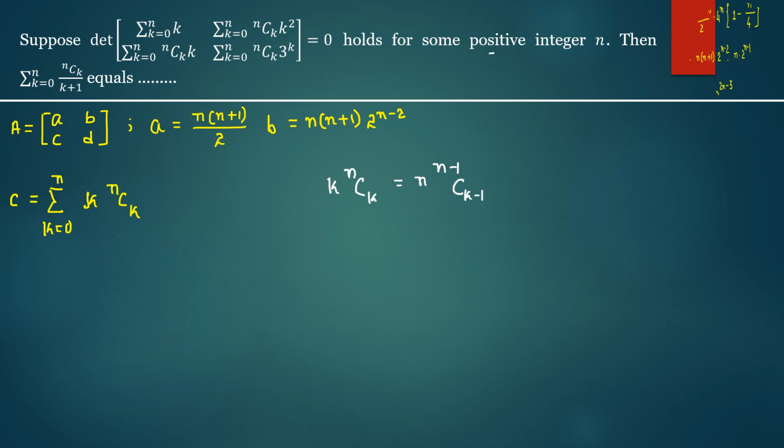So if I use this formula, we can see that it's equal to summation k is equal to 0 to n, n multiplied by n minus 1 C k minus 1.